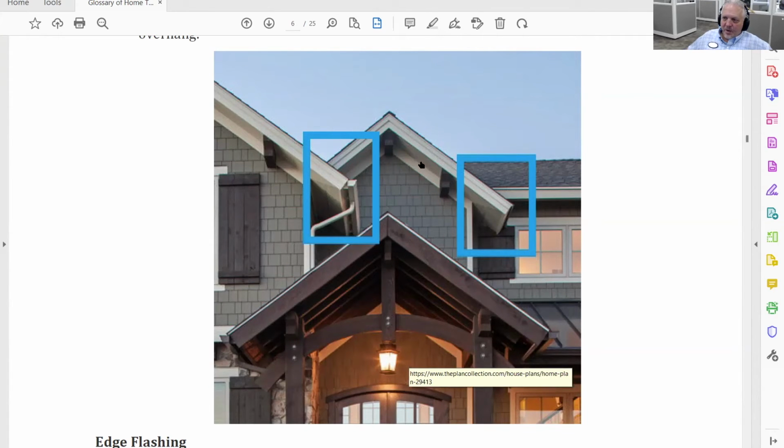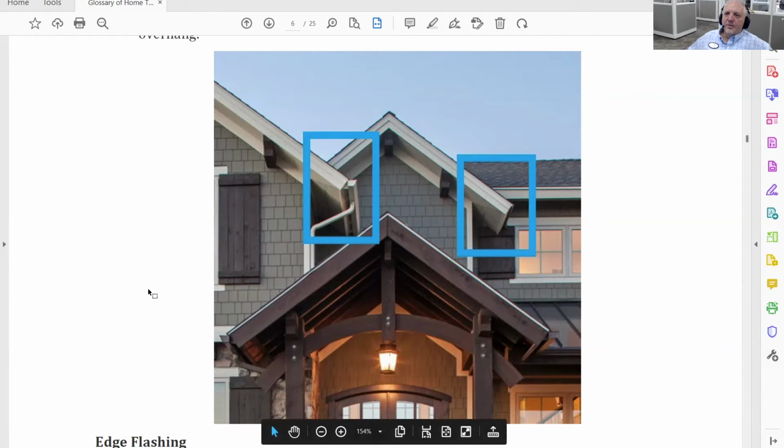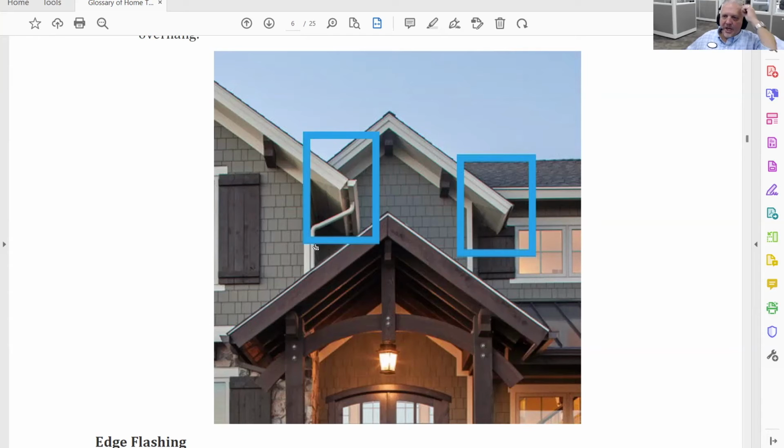The boards that go this way on the underside of that eave is called the soffit, and those are frequently prone to be needing painted and rotting out also. All right, and of course the element going down here we should all know as a gutter, and this part is called a downspout, and that is for channeling water away from the house, off of the roof, and theoretically away from the house.